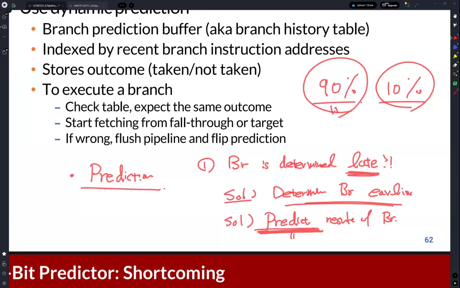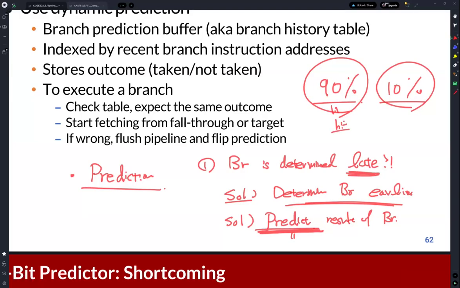If the prediction is correct, it's called a hit. If the prediction is incorrect, this is called a miss. So if the hit rate is very high, then we can apply the prediction in our system.